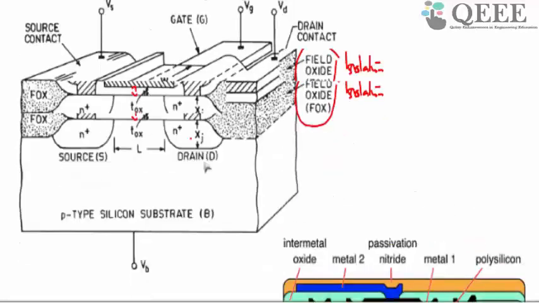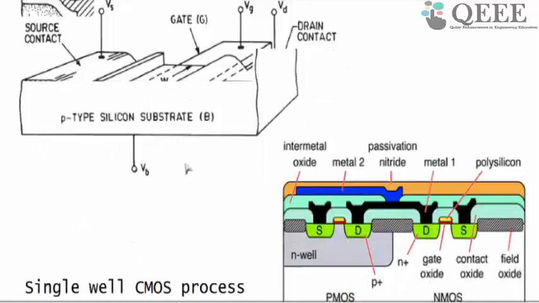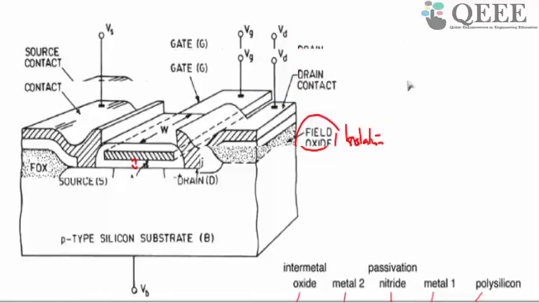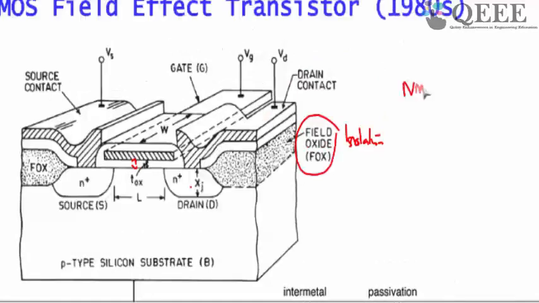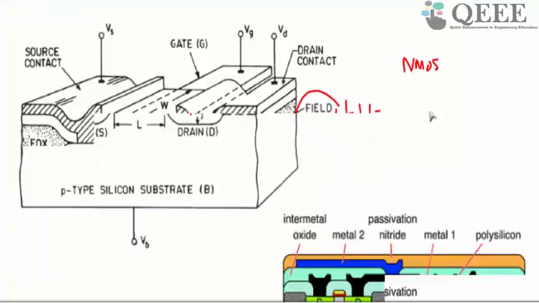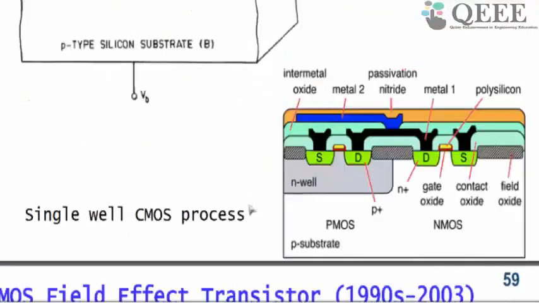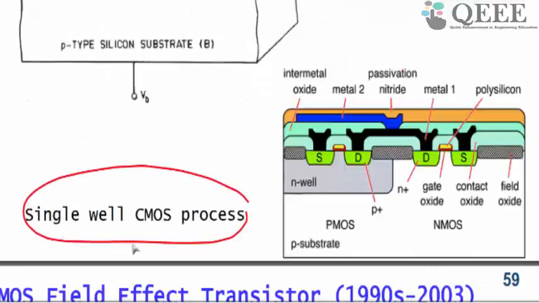Suppose you are interested in CMOS. If you look at the history, earlier people were designing only with NMOS transistors. Then they found out that CMOS has very low standby power dissipation, and they started designing using CMOS devices. The first technology which came was a single well CMOS process.